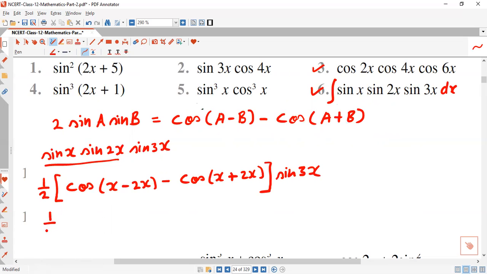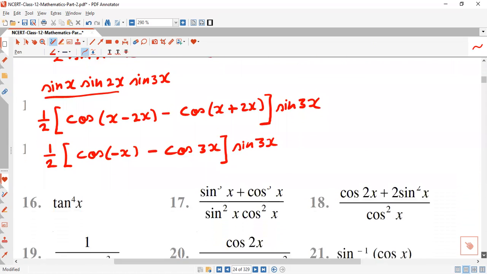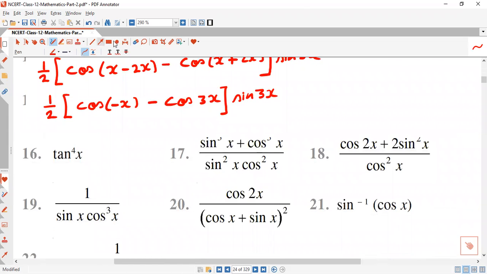This becomes what? Half, x minus 2x, cos of minus x, minus cos 3x, multiplied by sin 3x. Now I would like to simplify this further again.